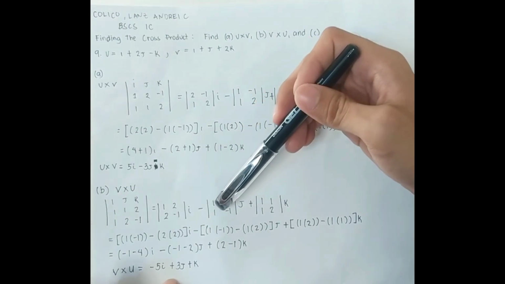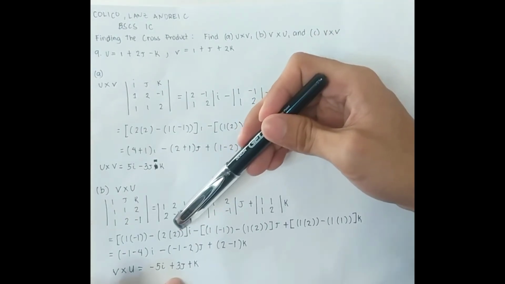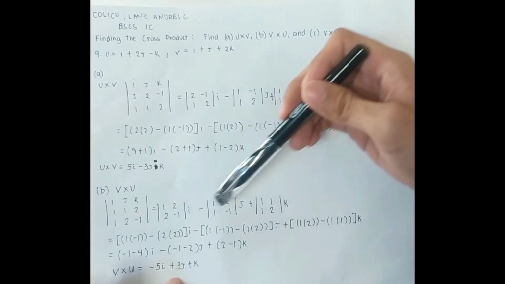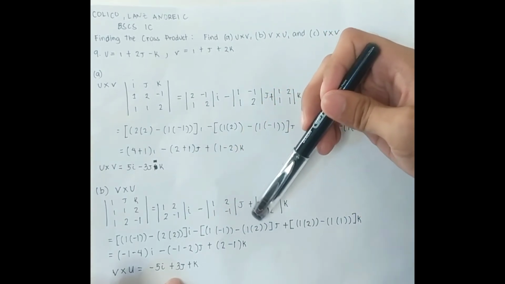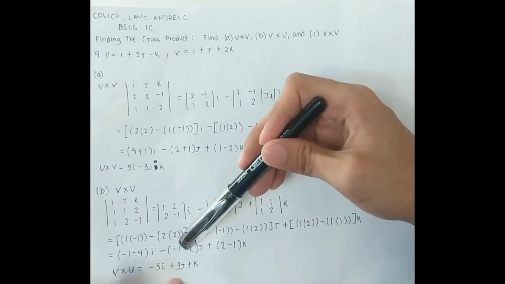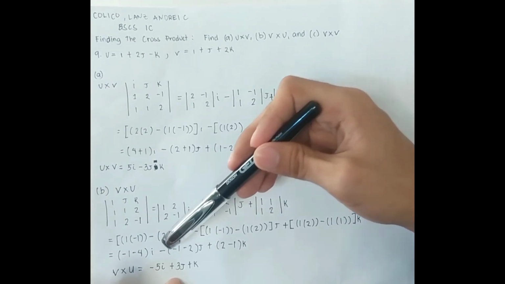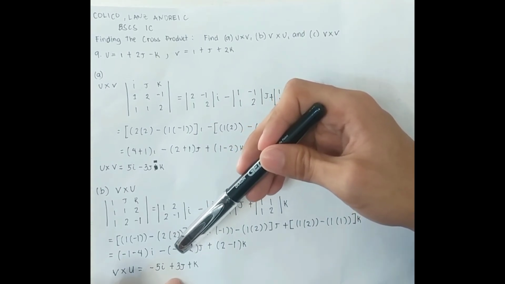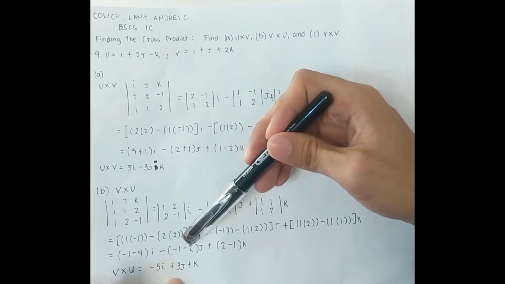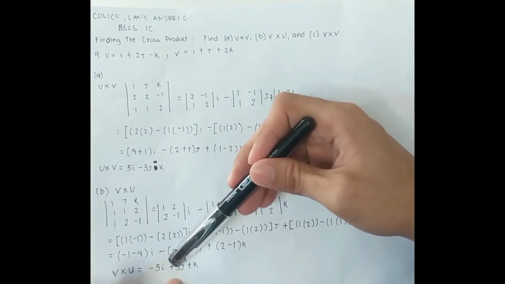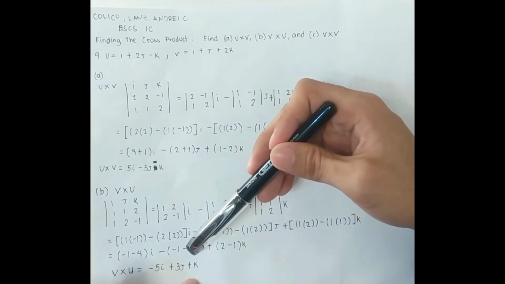And in j, so 1 times negative 1, that will be negative 1. And minus 1 times 2, that will be negative 2. So negative 1 minus 2, that will be negative 3 times negative, that will be positive 3j.